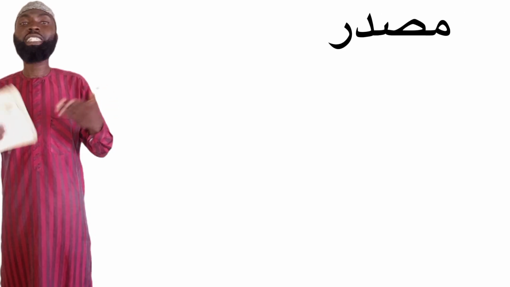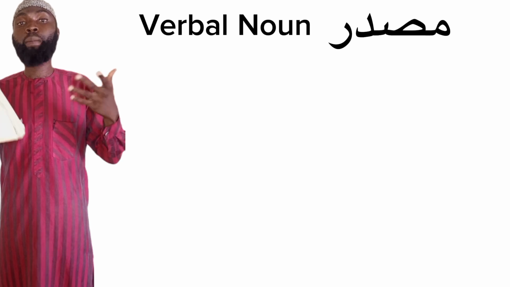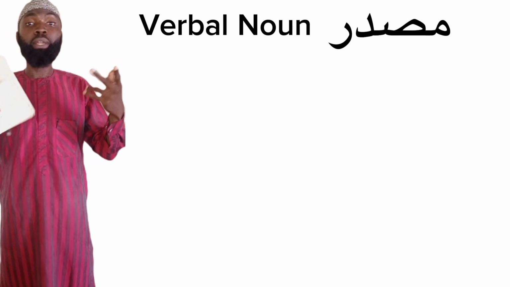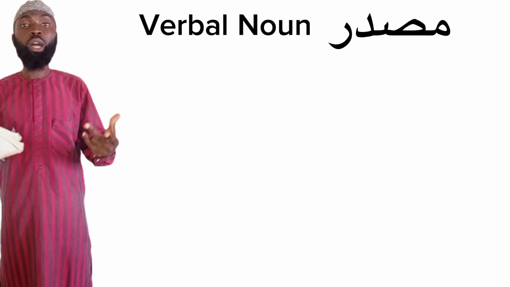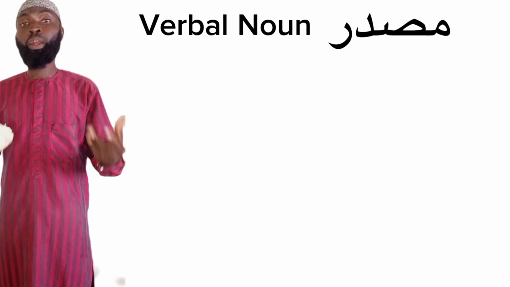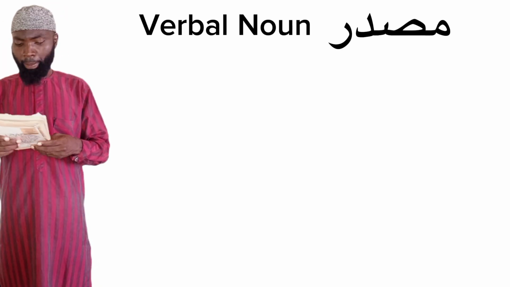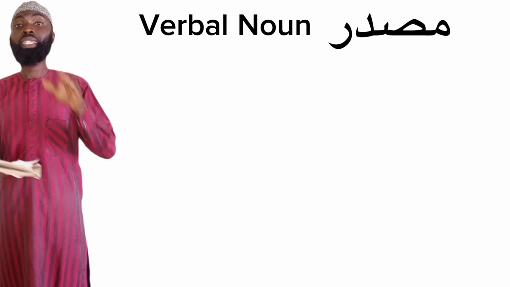And lastly, we shall be learning this lesson masdar. What is masdar? Masdar simply means noun. These nouns in the Arabic language could also be formed just like in the English language from the verbs. A masdar could simply be defined as the verb minus the tense and also the subject.